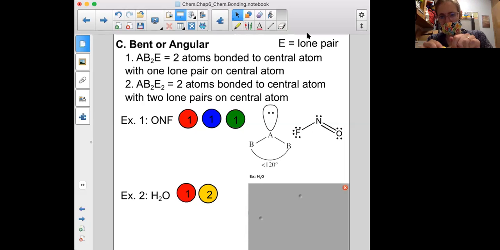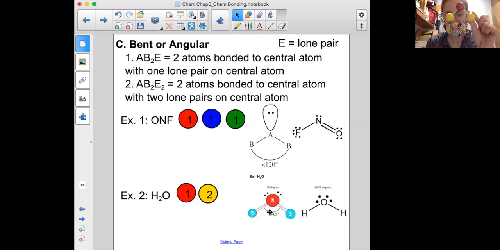You can see that it is also bent, and water is polar. Oxygen tends to be slightly negative, and hydrogens tend to be slightly positive, and I can cut this molecule in half. And if I take a look at water, you can see that it is bent. So AB2, here's my A, these are the 2 B's, and then the E2 stands for the 2 lone pairs, and they kind of act like imaginary bonds that are pressing down on these 2 hydrogens to make it bent.